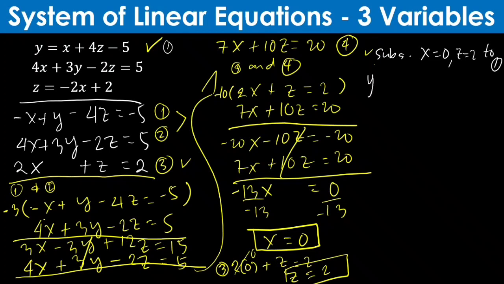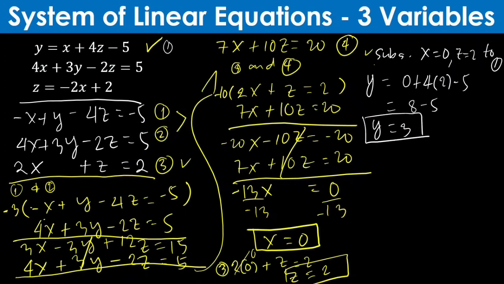We have now y equals, our x is 0, where's our z, z is 2, minus 5. So this is now 8 minus 5, which gives us y equals 3.